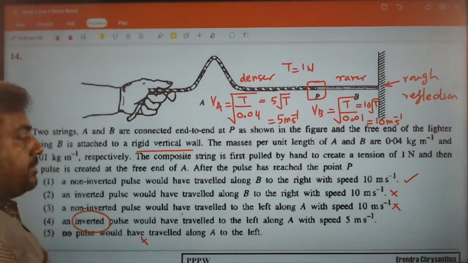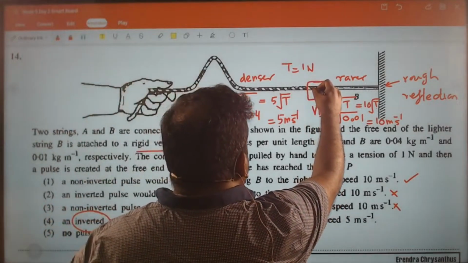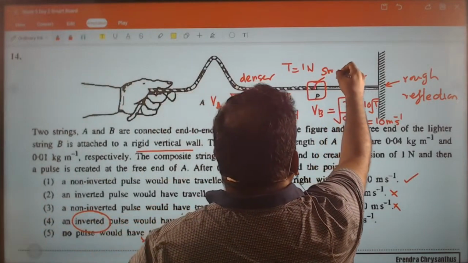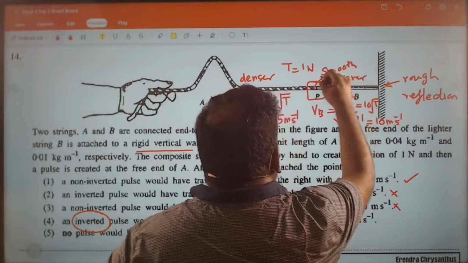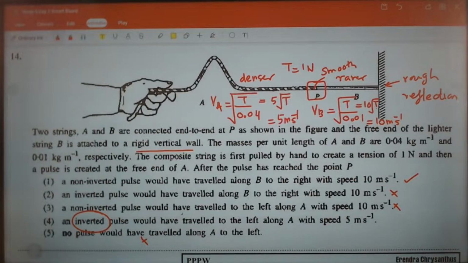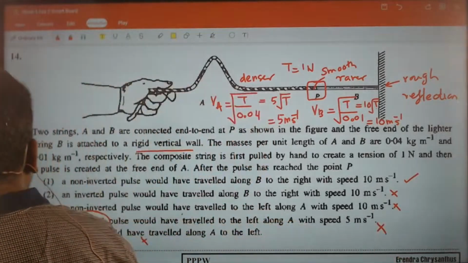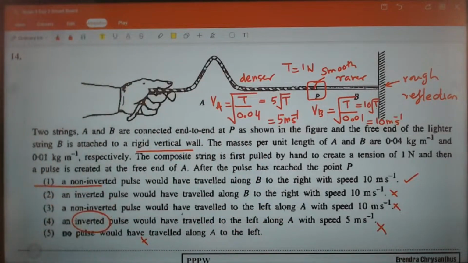Here it is a smooth connection. No inversion taking place. So these are also wrong. So the only correct statement in the figure is going to be 1. A non-inverted pulse would travel along B to the right with speed 10.